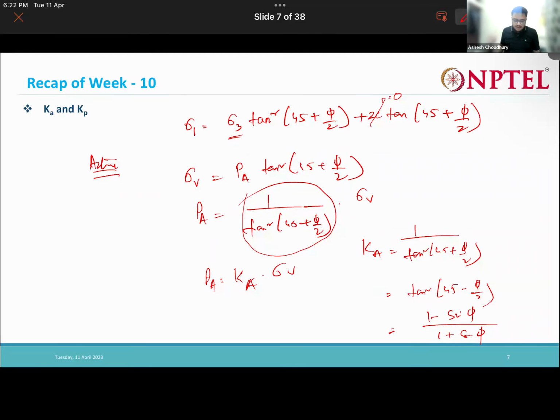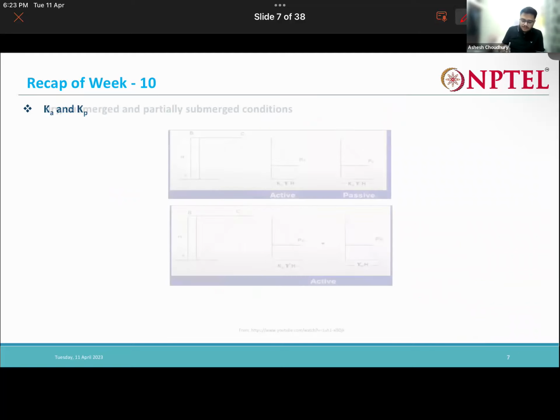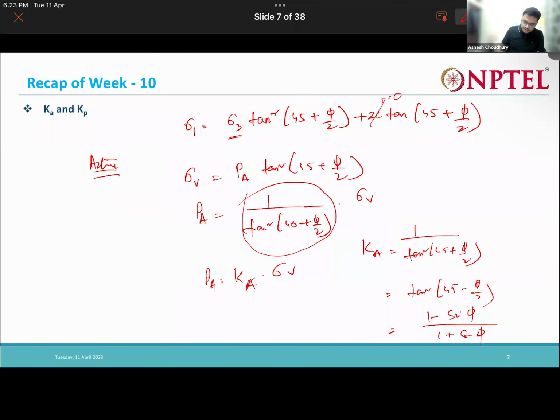Similarly, in case of passive, what is my sigma 1? Sigma 1 is actually my passive pressure, and sigma 3 is my vertical stress.